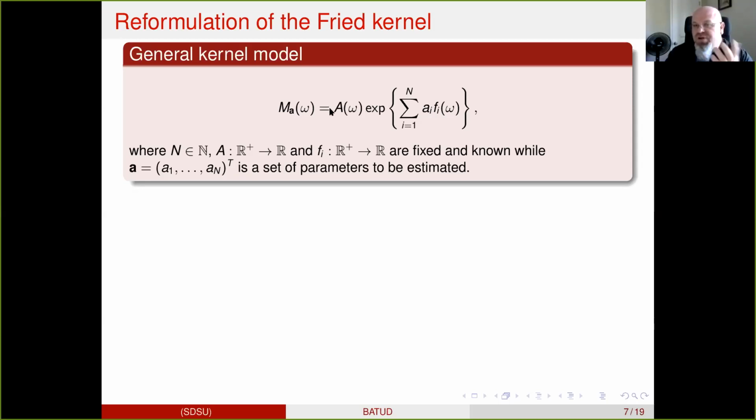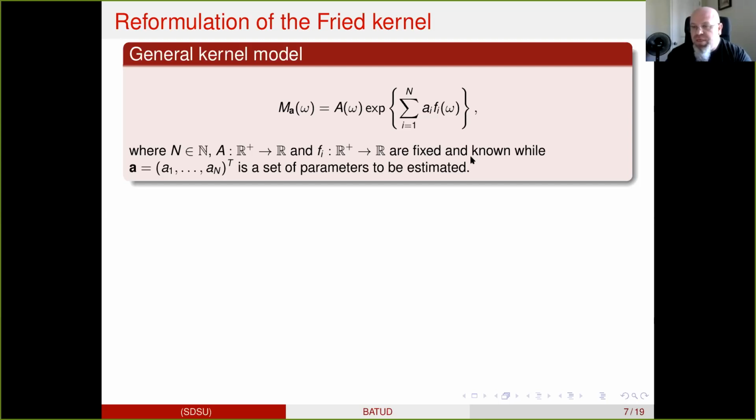So we write the kernel. It's a very general expression for basically an exponential type kernel. The exponent in the exponential is just a linear sum of functions, and we assume that we have n terms in that sum. Big A here in the front is a function from R plus to R plus, and those functions Fi are from R plus to R. We assume that they are fixed and known.